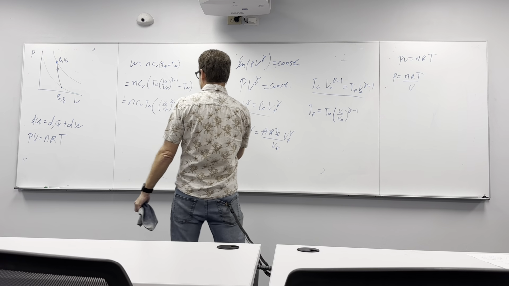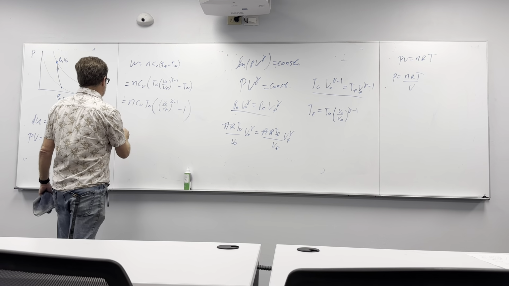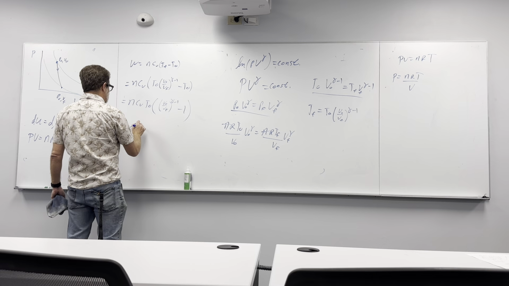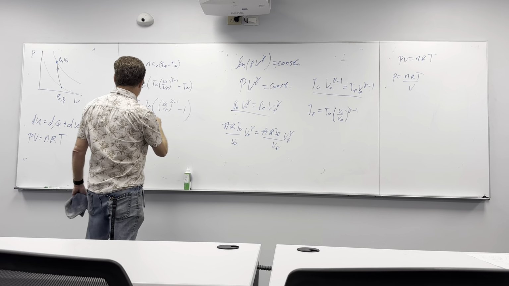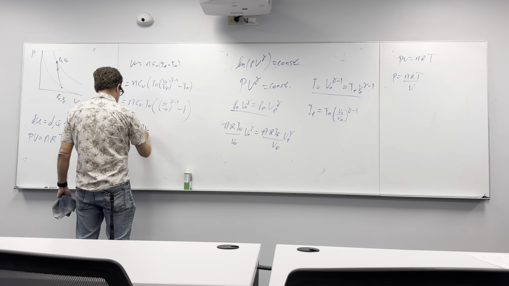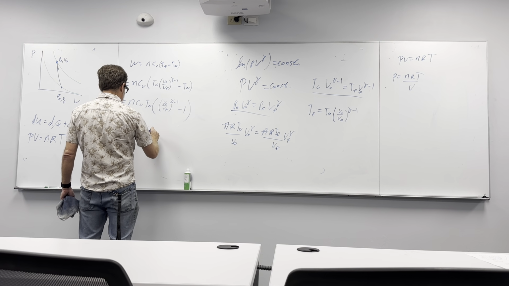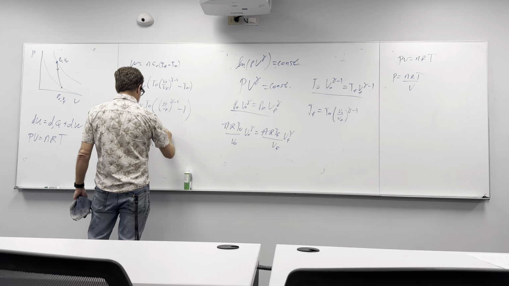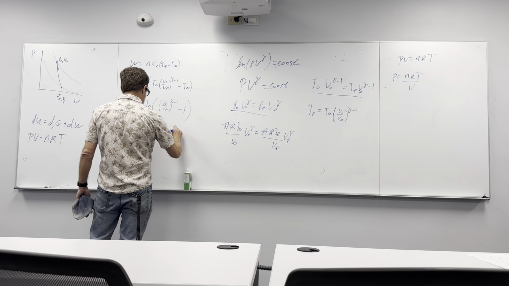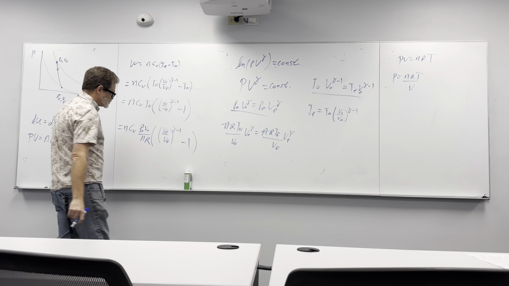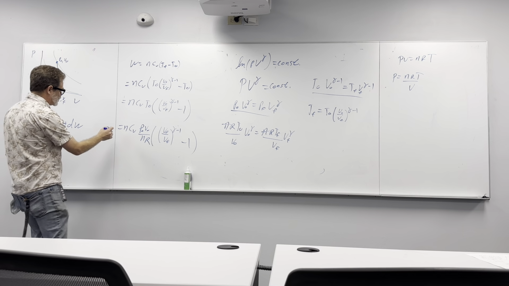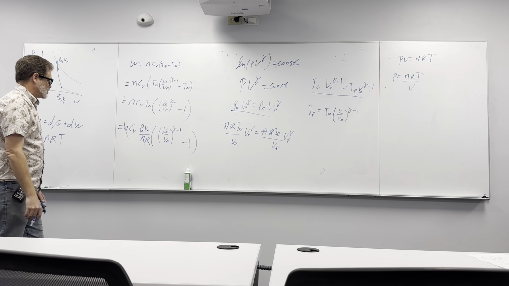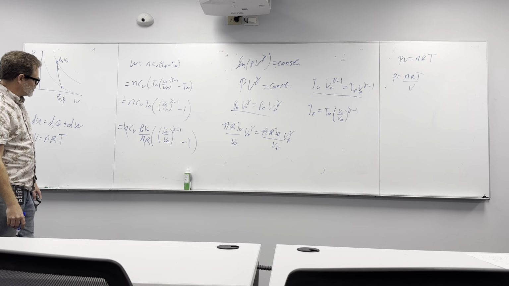So we can write T naught in terms of P naught and V naught. So we have nCV. T naught is what then? P naught V naught over nR, right? Something like that. Does that make sense to everybody? The n's cancel. CV over R is 3/2, isn't it?